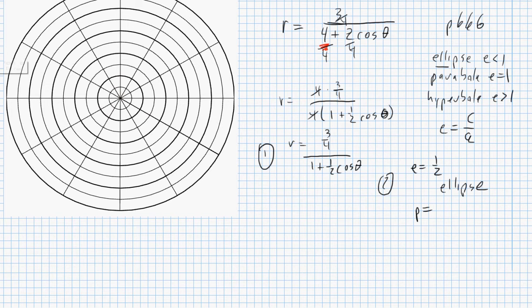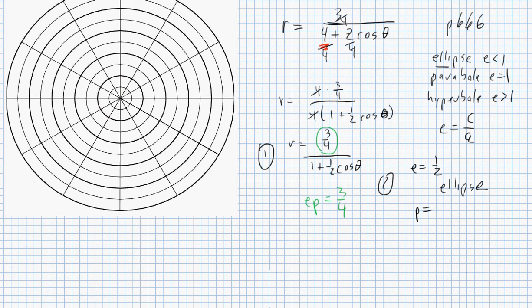On the top, this expression, according to our formulas on page 666, is equal to E times P. So E times P in this particular formula is equal to 3/4.